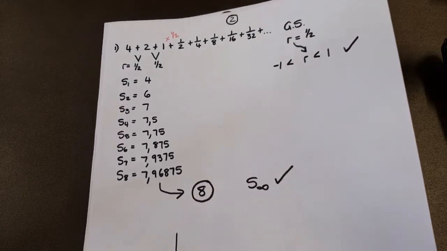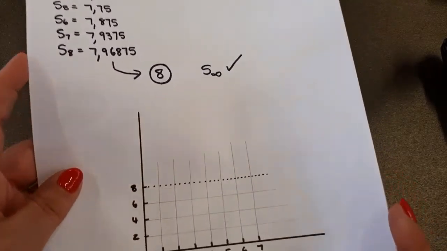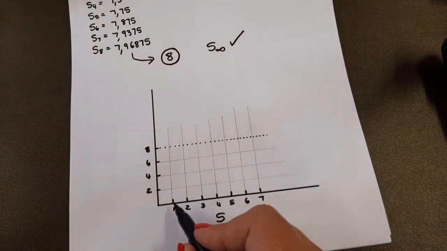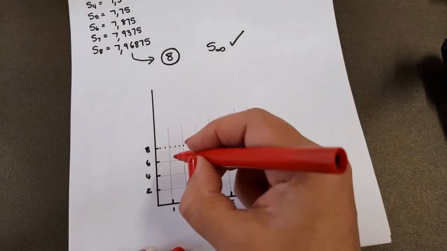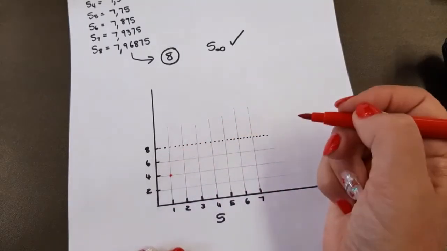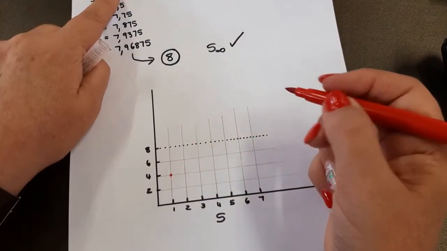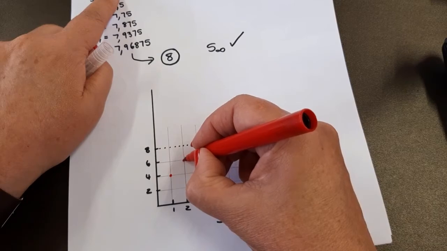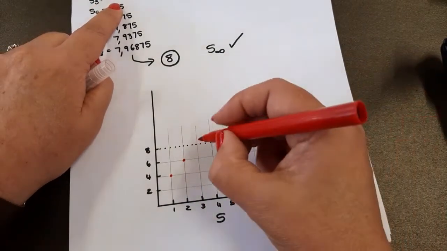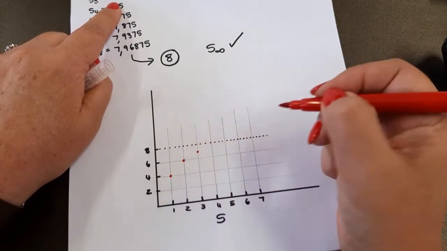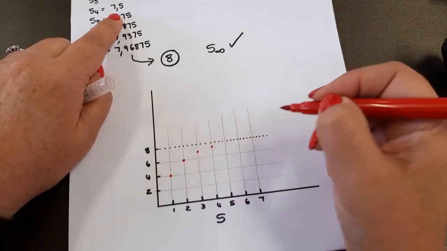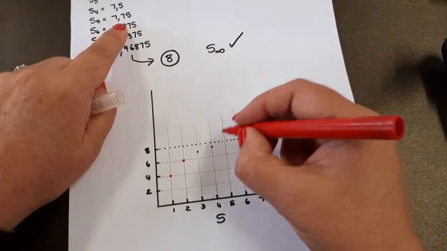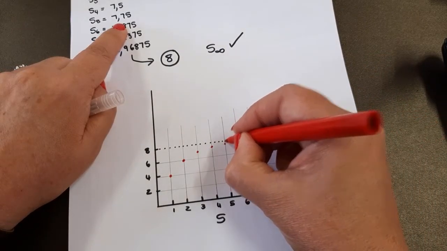Let me show you how it will look on a graph. We said that the sum of one term is 4. The sum of two terms equals 6. 3 terms will be 7. 4 terms is 7.5. 5 terms is 7.75.